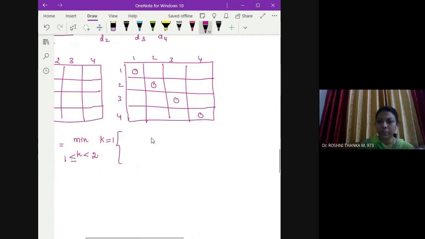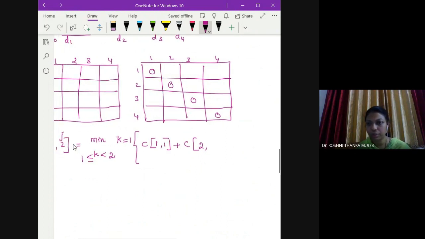So how will we find it? The cost of, first, C of i and k. Here the i value is 1. And what is the k value we have taken? That is also 1. Plus, then what is the next cost value? C of k plus 1 comma j. What is k plus 1? It became 2. And the j value here is 2.